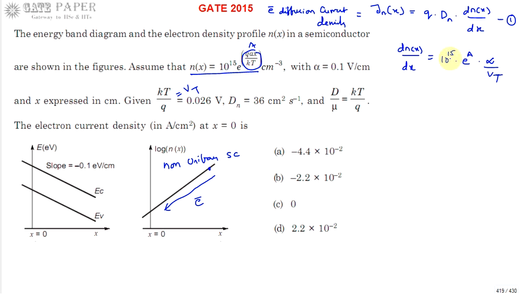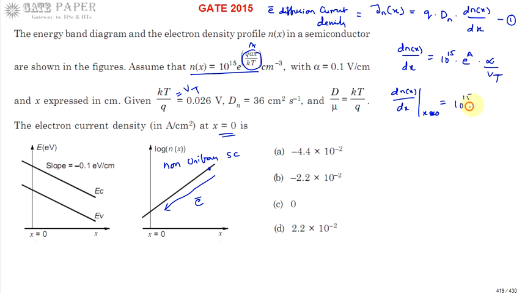Vt is the thermal voltage. Now dn of x by dx is this, but we need the current density at x equal to 0. At x equal to 0, simply substitute the x value, so a becomes 0.